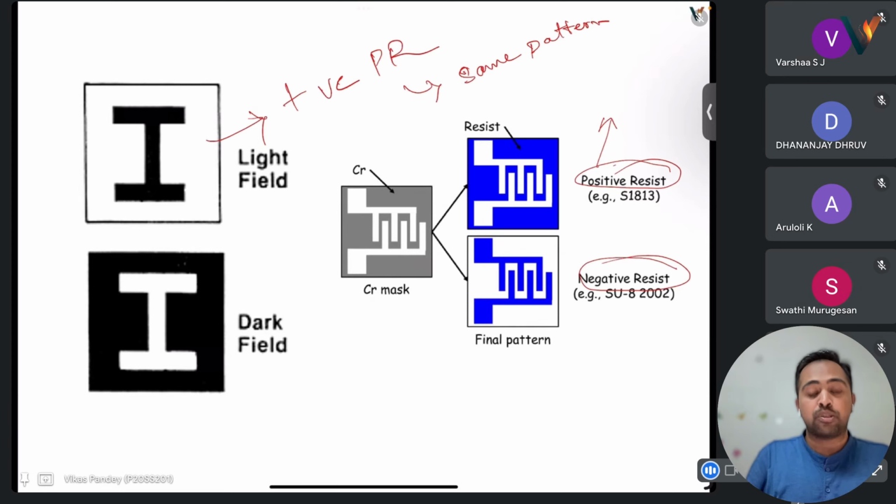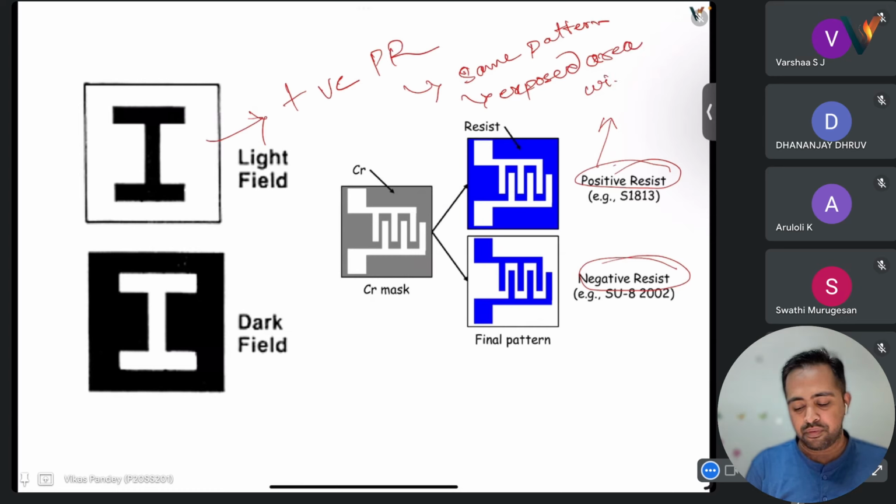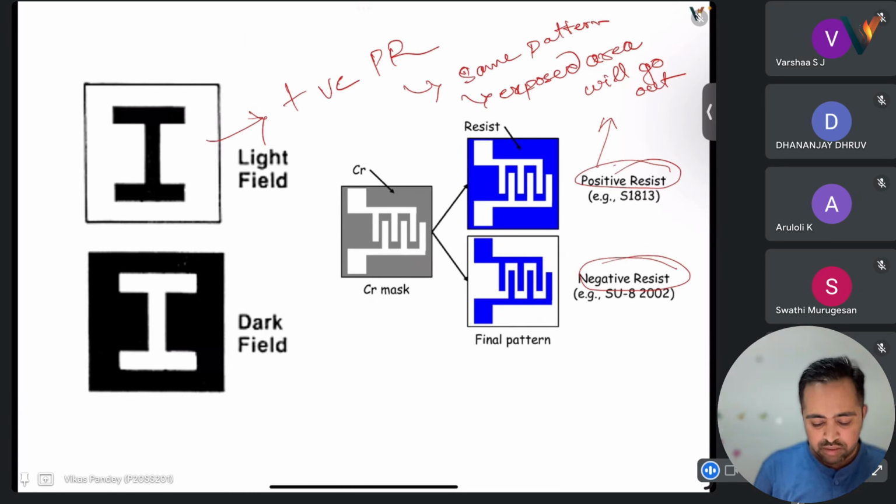That means the exposed area, on which light will come, will go out. It will dissolve.